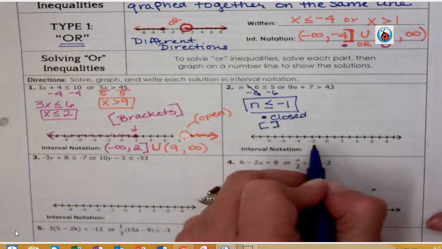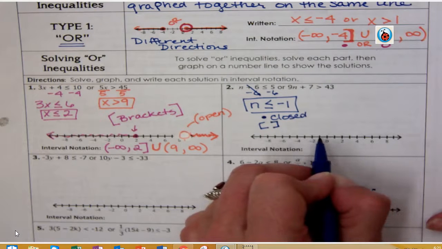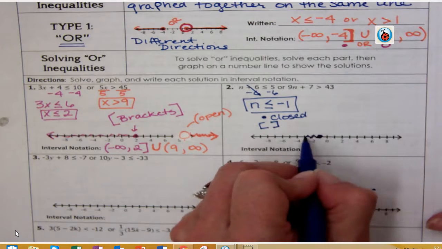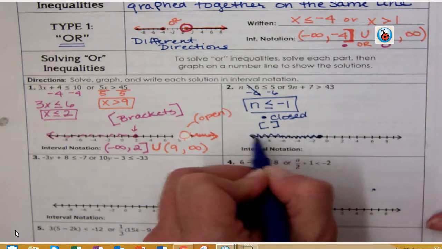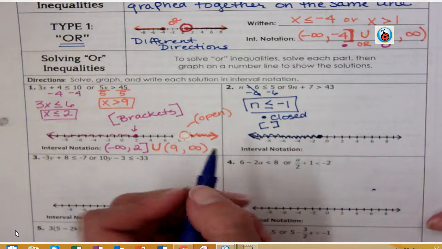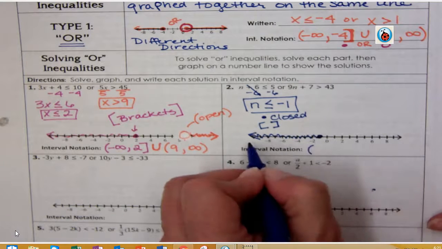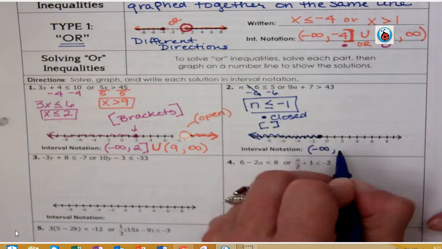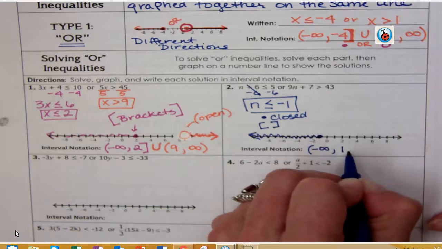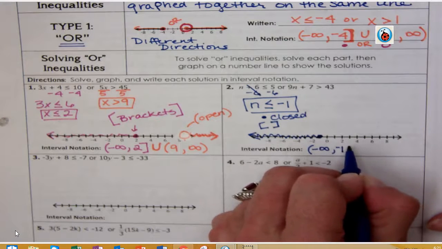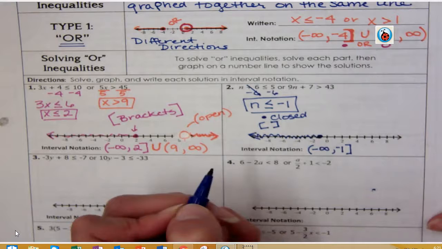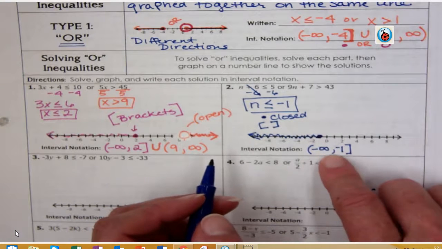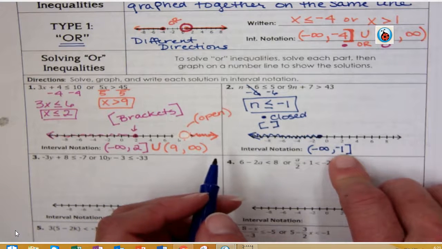So we're going to go to -1 and use a closed dot, and it has to be less than that, so we're going to shade over there. We start to the left at -infinity and stop at -1, and we use a bracket. So this reads all the numbers from -infinity up to and including -1.